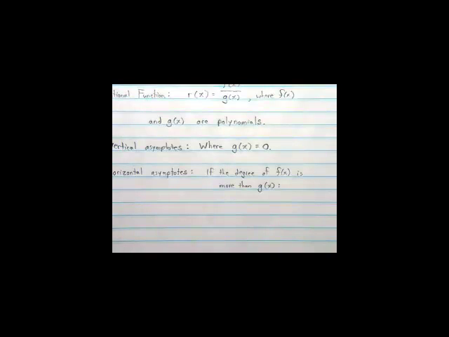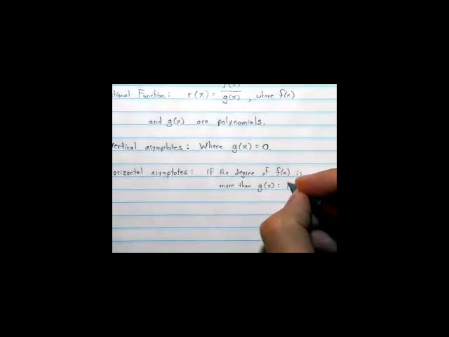Exactly. If your numerator is growing more quickly than your denominator, wouldn't that thing just take off? It just keeps getting bigger and bigger and bigger. So there is no horizontal asymptote then. That limit goes to infinity. So in this case, we would say none.